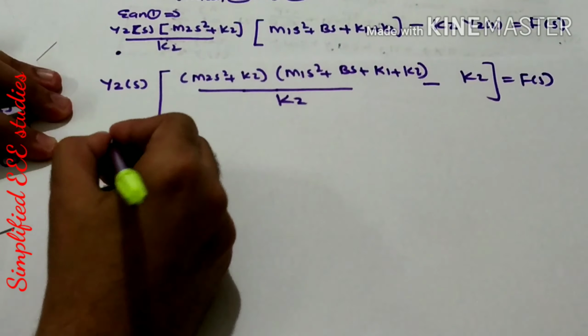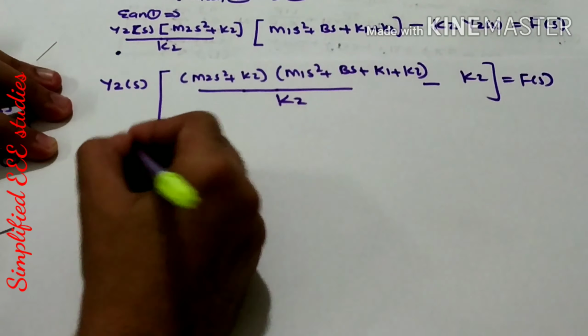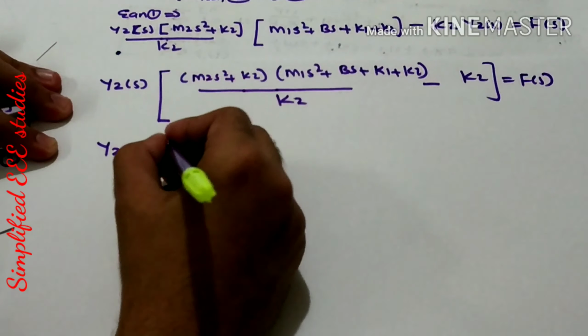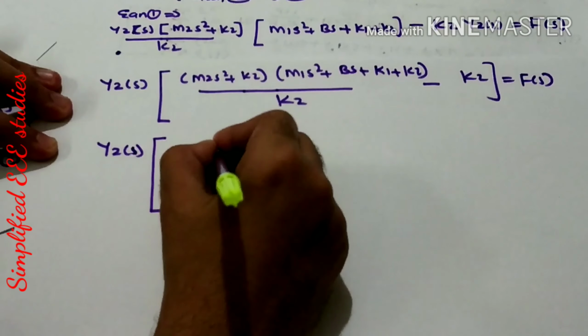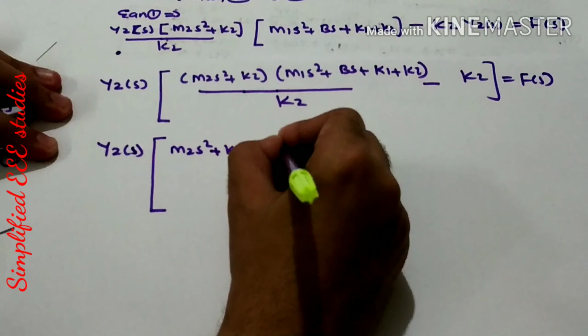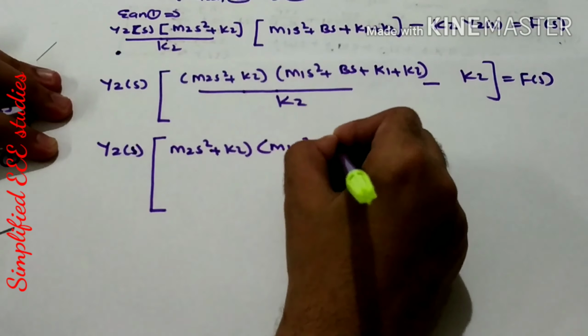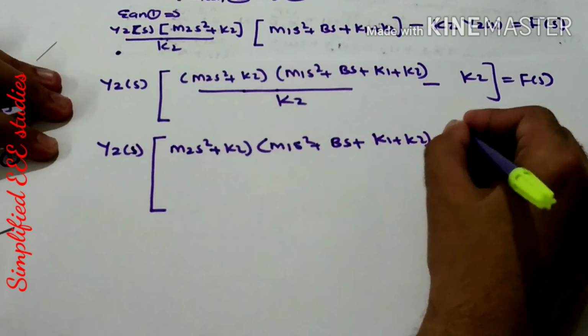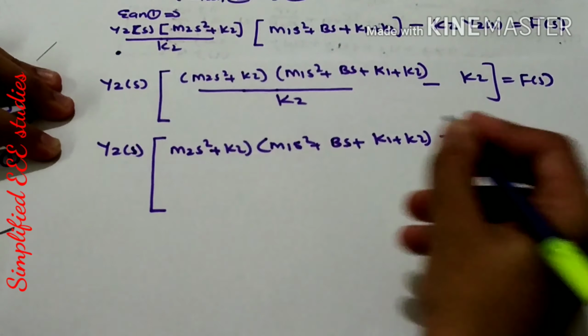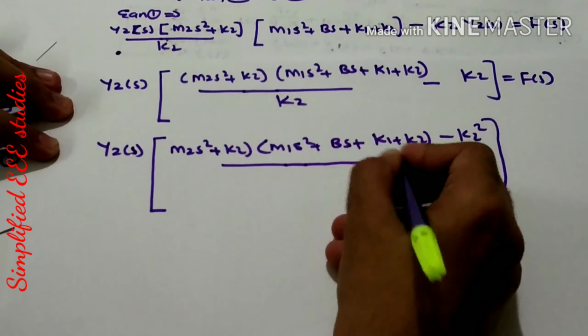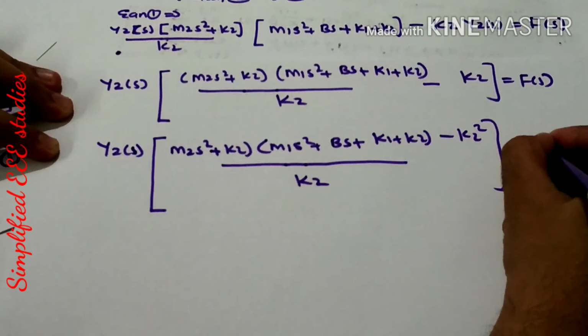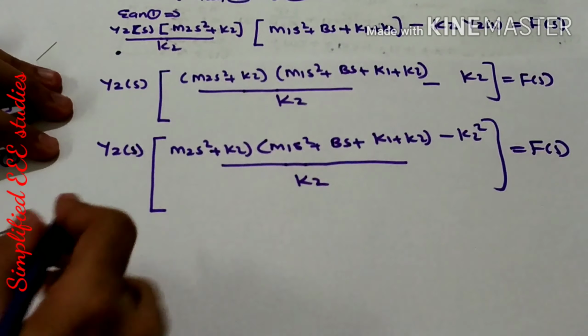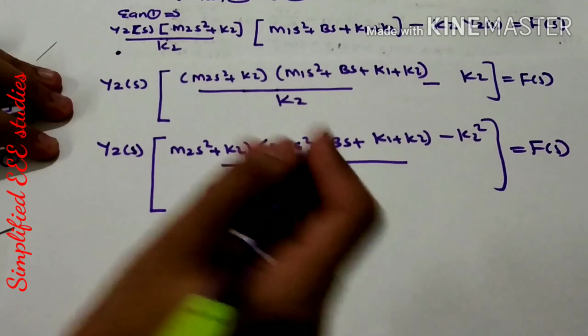So we can do the cross multiplication: y2 of s into m2 s square plus k2 into m1 s square plus bs plus k1 plus k2 minus k2 square whole divided by k2, that is equal to f of s. Now I can go for further simplification.